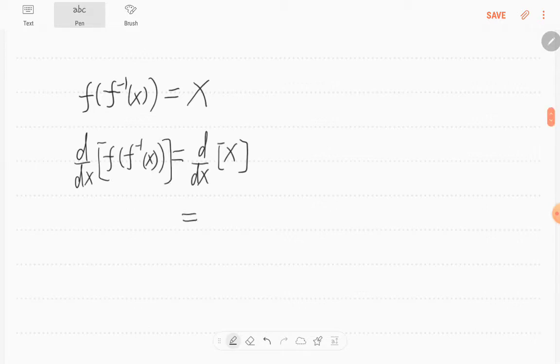Then the right side, the derivative of x with respect to x, is equal to 1, right? The left side is the derivative of a composite function, right? So what can we use? We can use the chain rule.